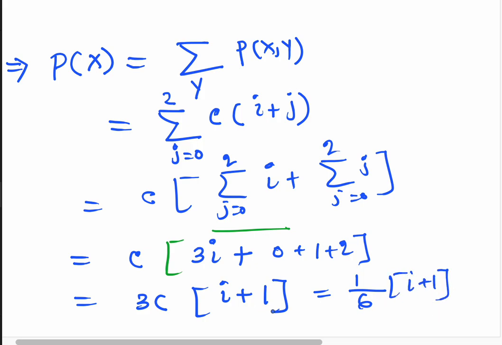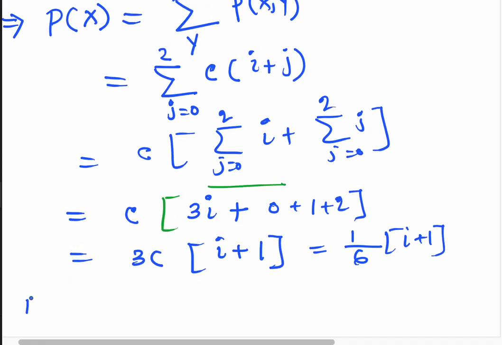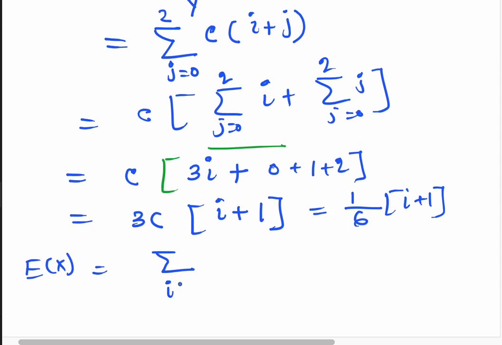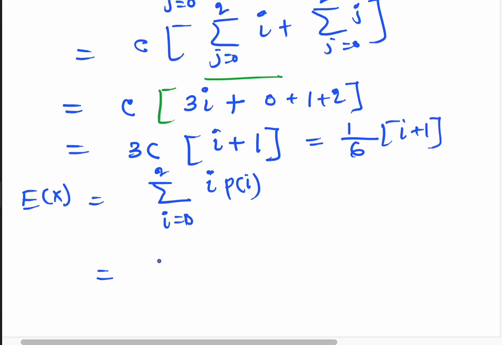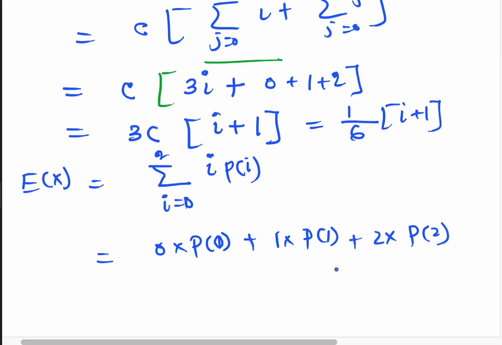Now what is the expectation value of x? That will be the summation over i equal to 0 to 2 of i times the probability of i. So that is 0 into probability of 0, plus 1 into probability of 1, plus 2 into probability of 2.